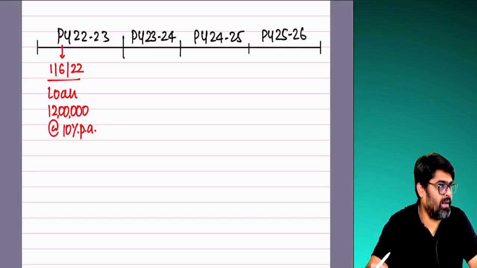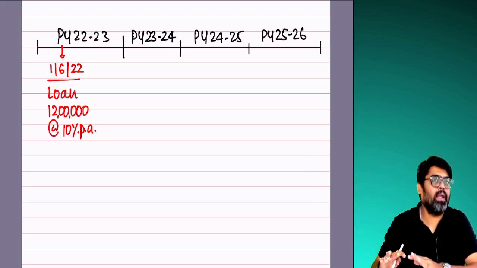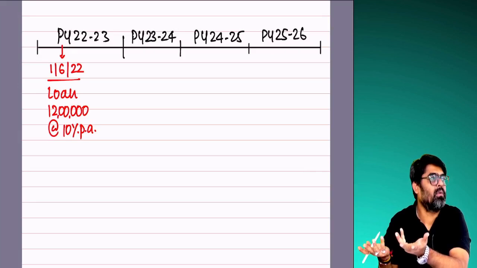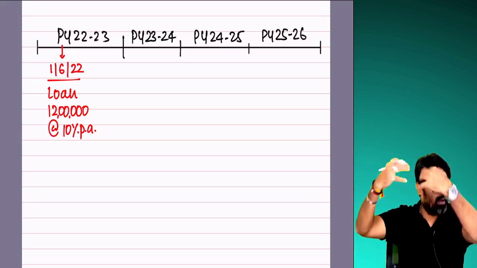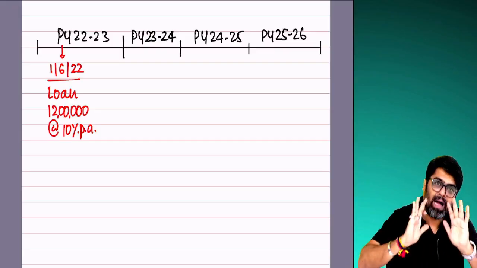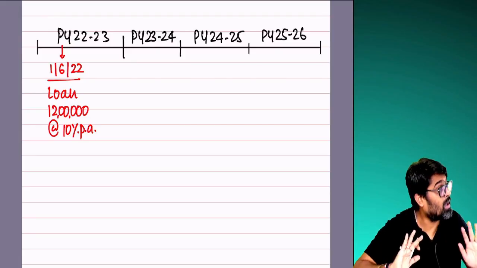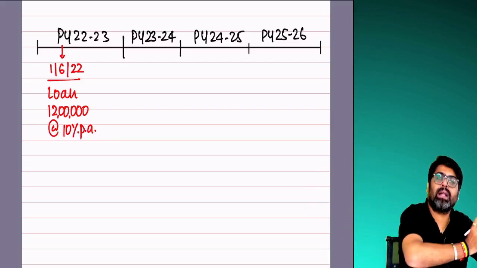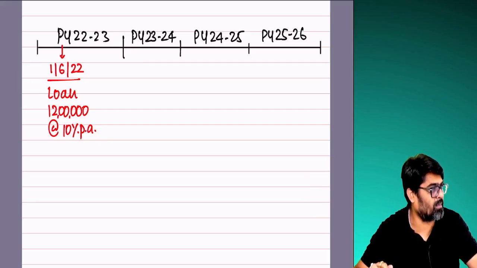Or maybe I would have already started the construction, but there was a money problem to continue it, so I took another loan to continue the construction. Ultimately, this is a loan for constructing the property.